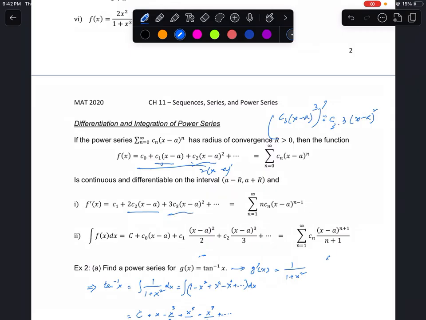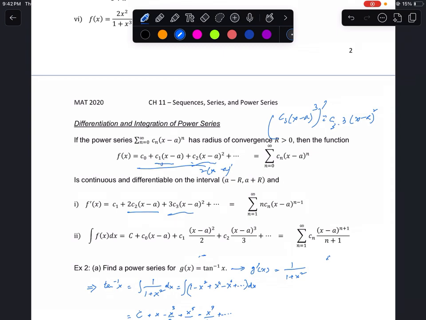So now if you write it in the closed form, it will be like this. Summation n equals 1 to infinity. Note that, not 0 to infinity.